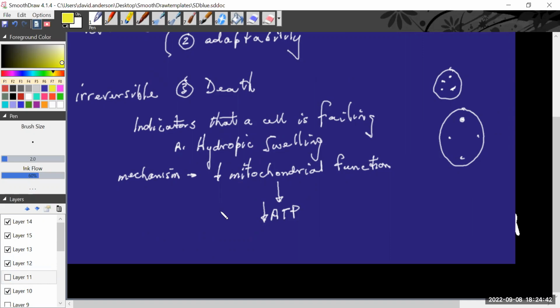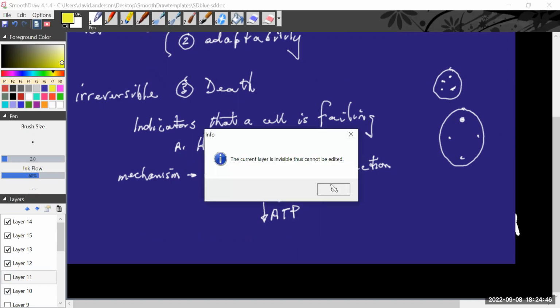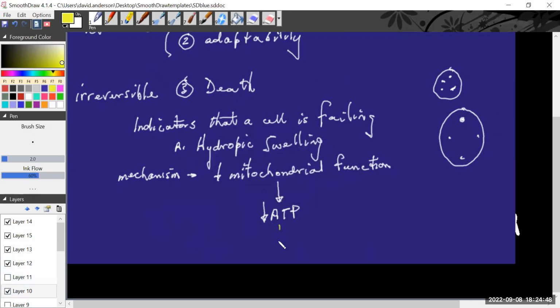So if we don't have enough ATP, then we're also going to have decreased sodium potassium pump function.